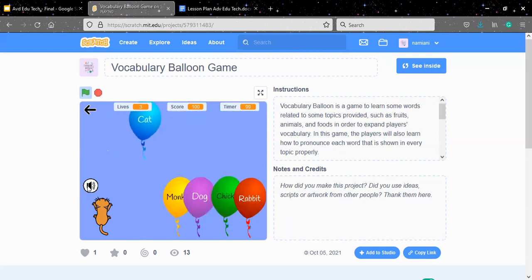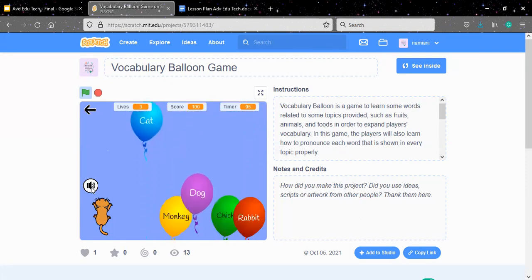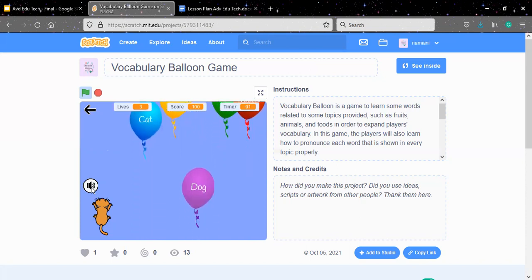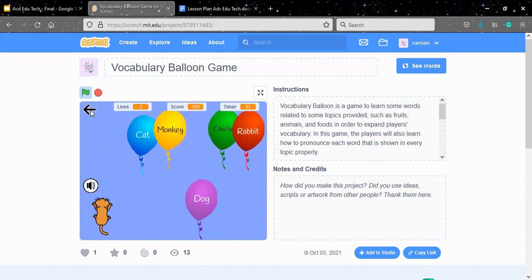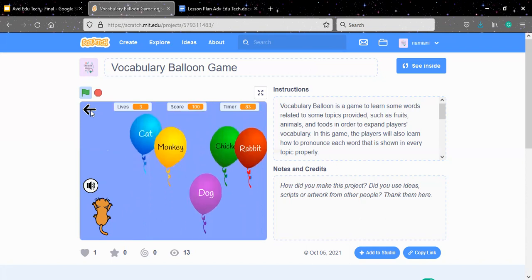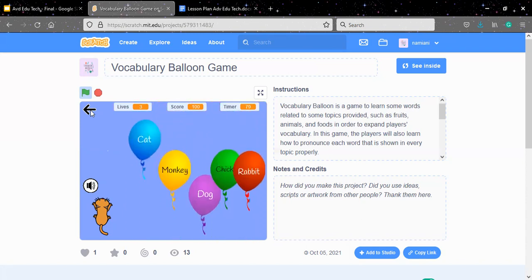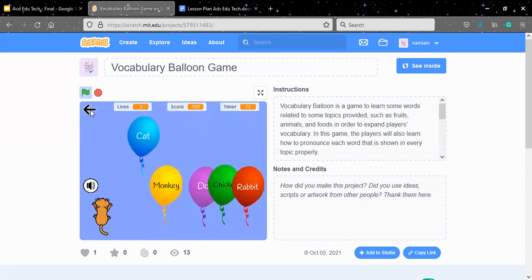And from this sound, they can learn how to pronounce the word. So that's the feature of this game that can help students to expand their English vocabulary, especially for beginner English learners, and also help them to learn how to pronounce the word.